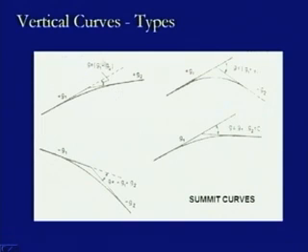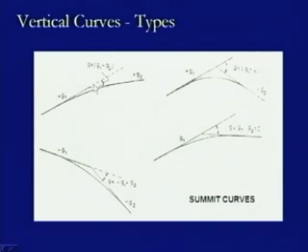Now, in this case, this diagram shows different conditions in which the summit curves can be formed. We have this condition where there is a gradient G1 going in the upward direction, and that is why it is shown as positive G1.